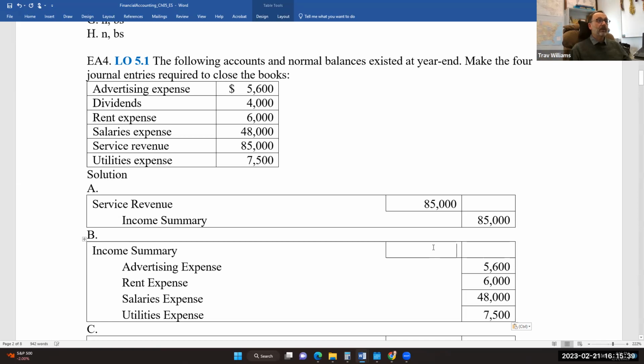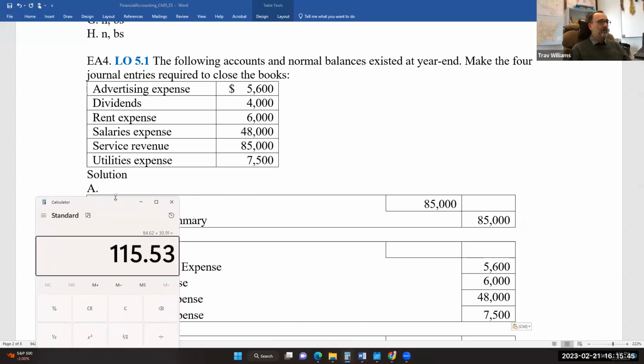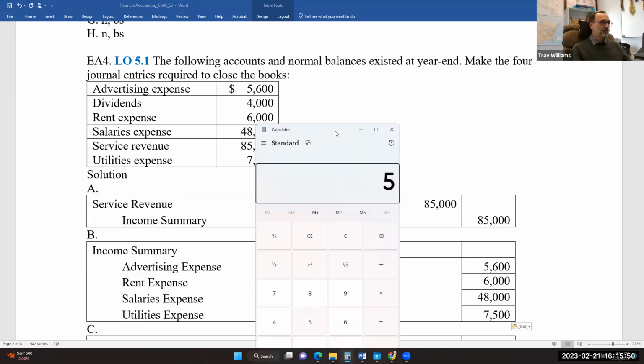So then we are going to debit something, right? So we're going to debit income summary. And to get the amount, all we do is we add up the 4 credits.